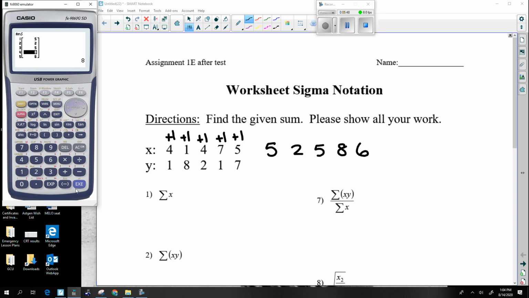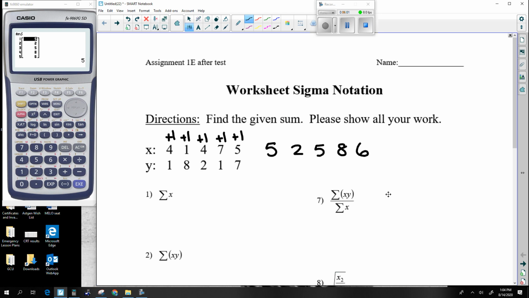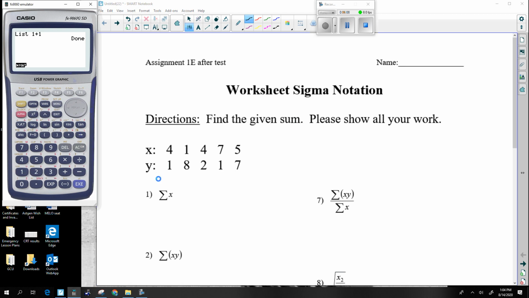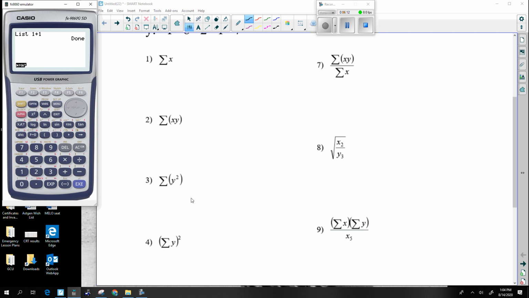And then notice what you can do. You can do arithmetic to a list. There we go. All right. And that's exactly what you need to be doing in summations. So for instance, if I were to just use what I know right now for number 1, that's just x. So that would be 4, 1, 4, 7, and 5.